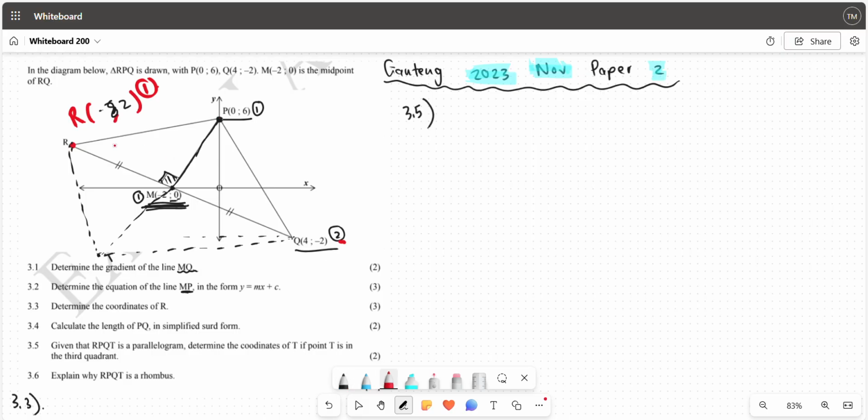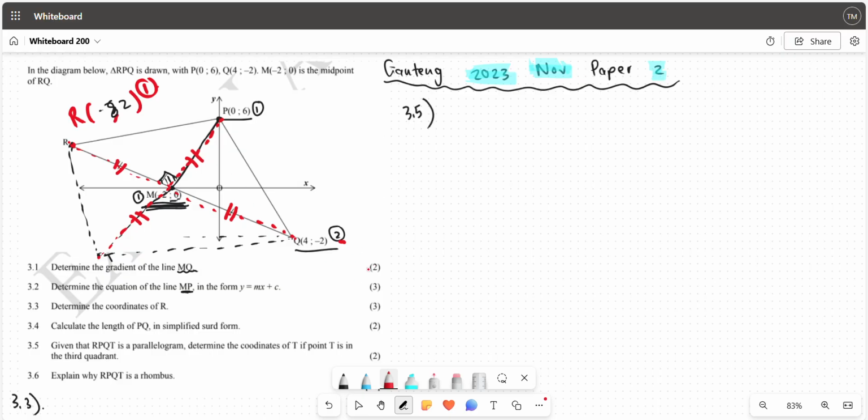So what does that mean? It means this diagonal that is going across like that, the red one, is being bisected by the other diagonal that is going across like that. And similarly, the one that I just highlighted, the red one, also bisects this diagonal.